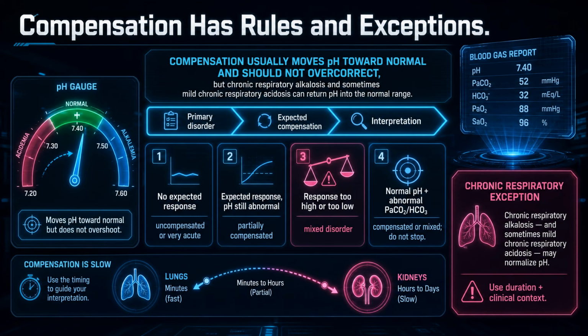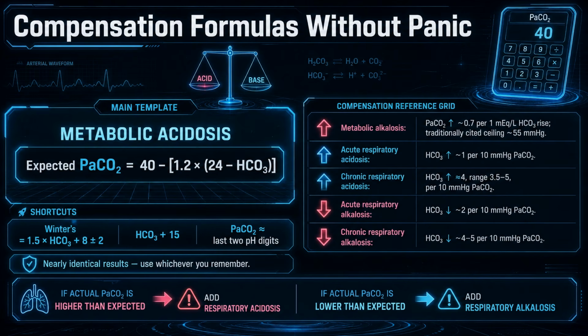the compensation actually fits. For metabolic acidosis, the main template is expected arterial carbon dioxide equals 40 minus 1.2 times 24 minus the bicarbonate. The classic winter formula is 1.5 times bicarbonate plus 8, plus or minus 2. You can also use bicarbonate plus 15, or say the expected carbon dioxide is close to the last 2 digits of the pH.